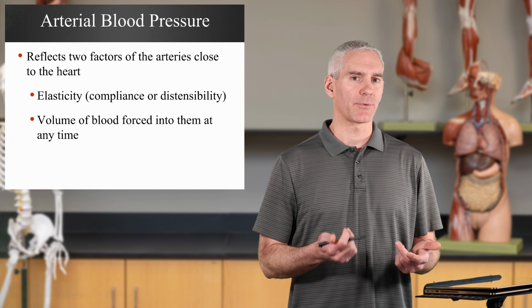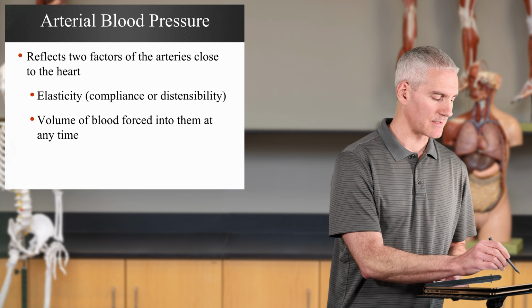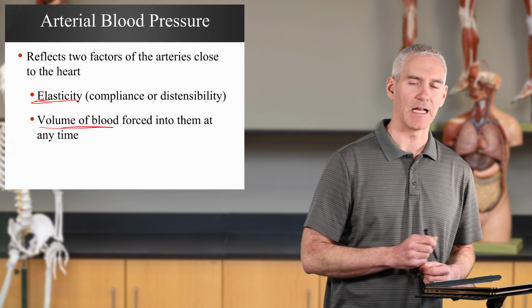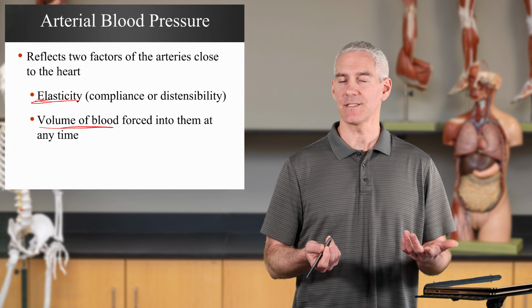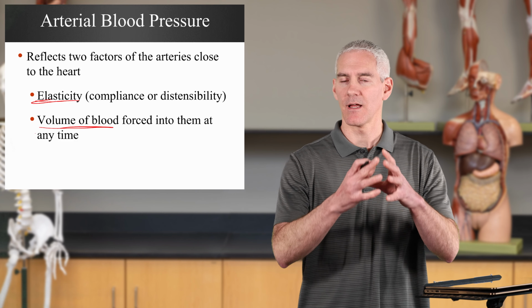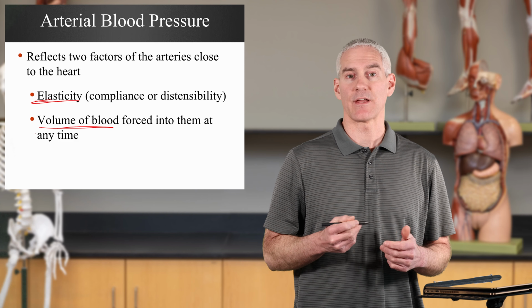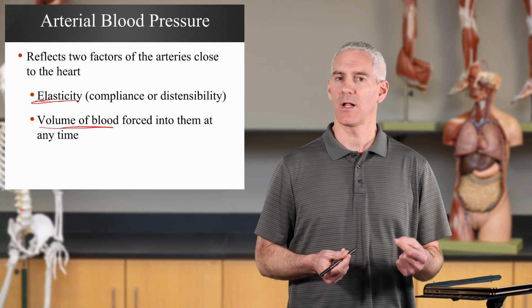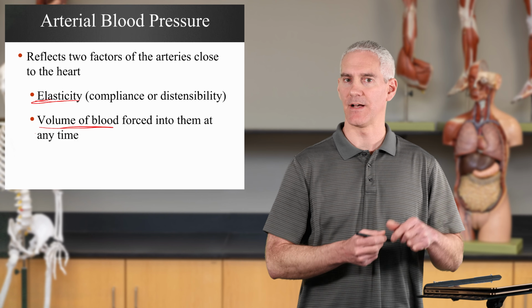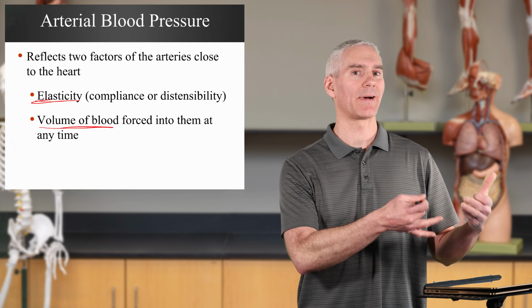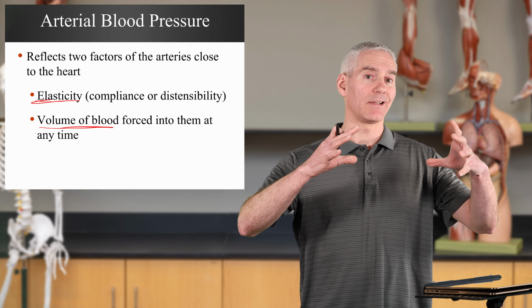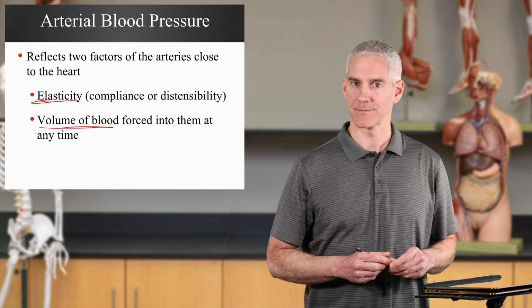So this arterial blood pressure is really reflecting two main things, elasticity and the volume of blood. Elasticity, because remember those elastic arteries, they're going to stretch. And then volume of blood, think of the stroke volume. How much blood is being pumped out of the heart into the vessel? The more blood you pump out, the more that vessel has to stretch out or accommodate.